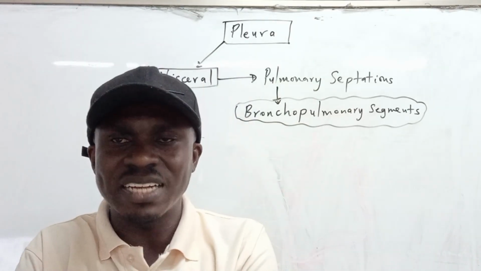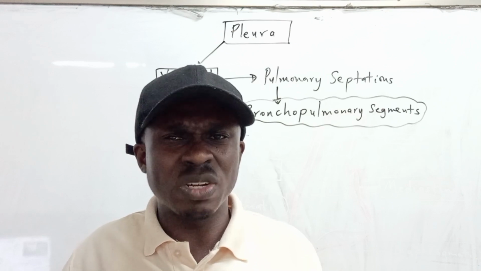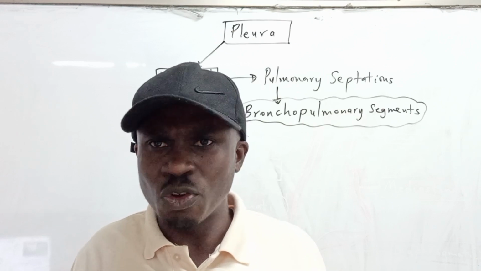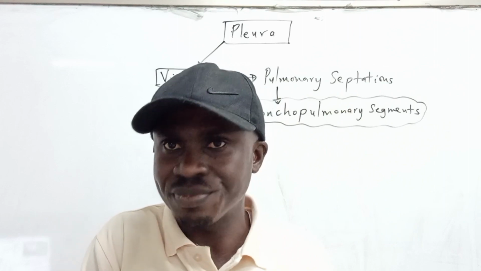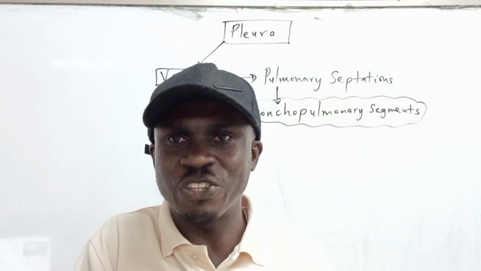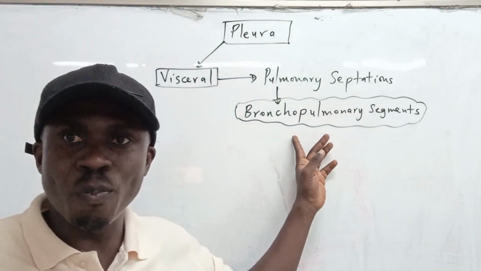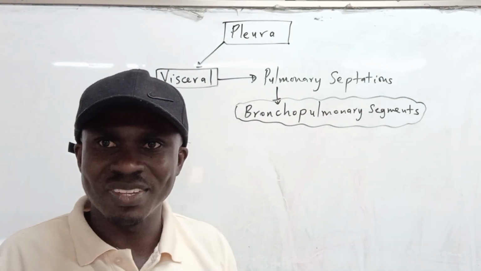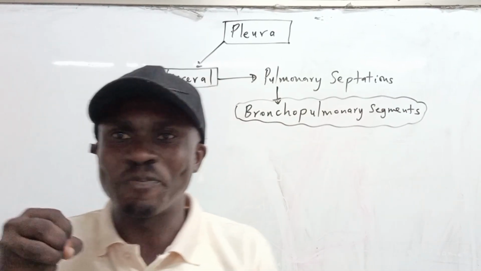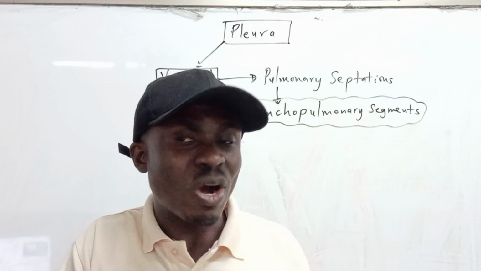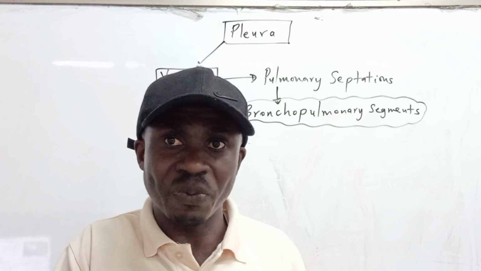If someone presents with, let's say, a tumor or carcinoma of any portion of the lung tissue, we have to check which bronchopulmonary segment is affected, so that it can be surgically resected, taken away, so that it doesn't spread to affect the remaining lung tissues. That's the principle.